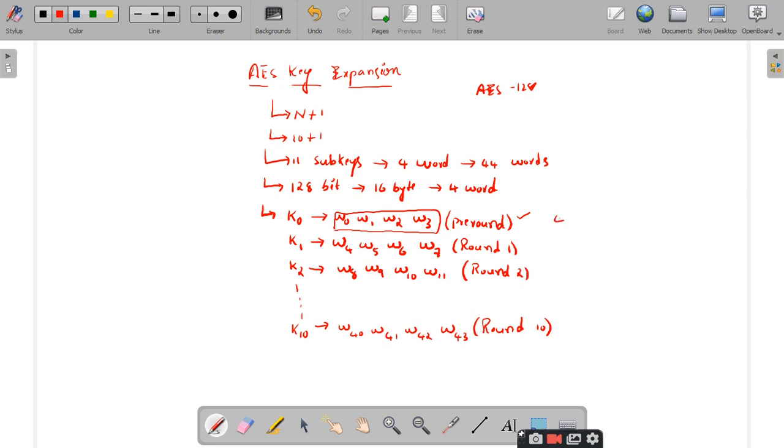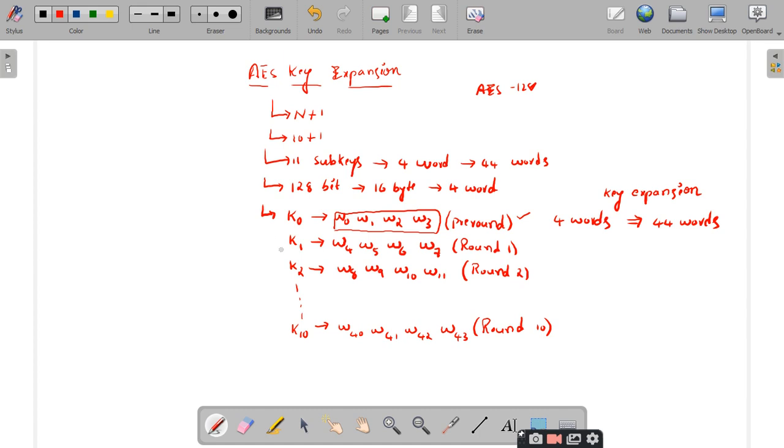That means we are going to provide only 4 words of cipher key, and we need to convert these 4 words of cipher key into 44 words of cipher key. Therefore we are expanding the key from 4 words to 44 words. Therefore we call this technique the key expansion method, which is used in the AES algorithm.